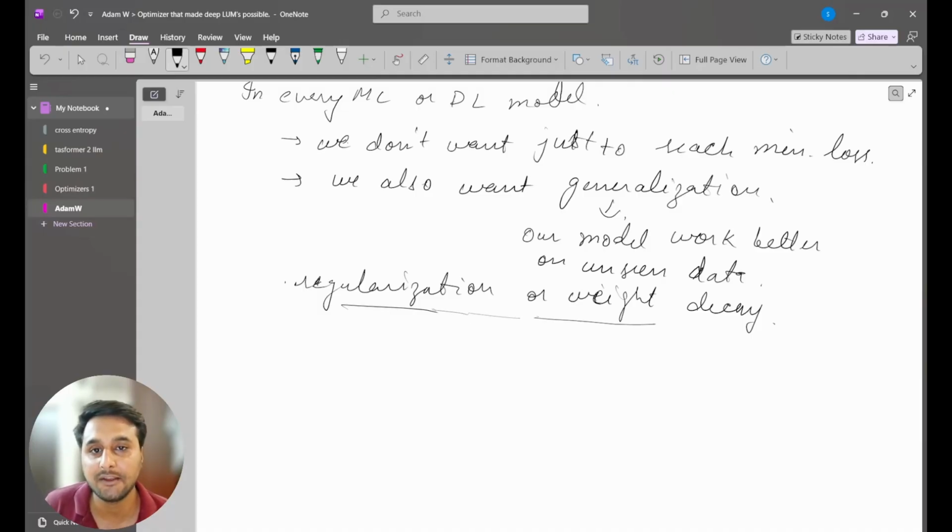Both are the same thing, and for that we add a penalty term to our loss. We add the square of the weights and multiply with the regularization parameter, which is usually 0.1 to 0.01.